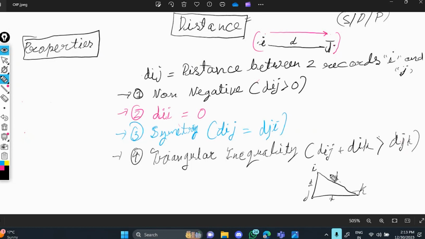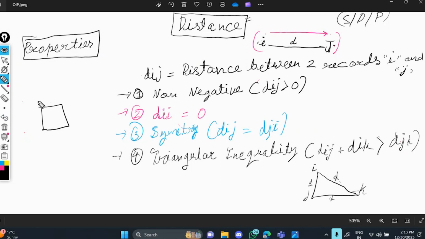If we try to calculate in a triangle inequality, that means if we try to calculate the distance of a square, that means four records. Sorry, let me make it here.